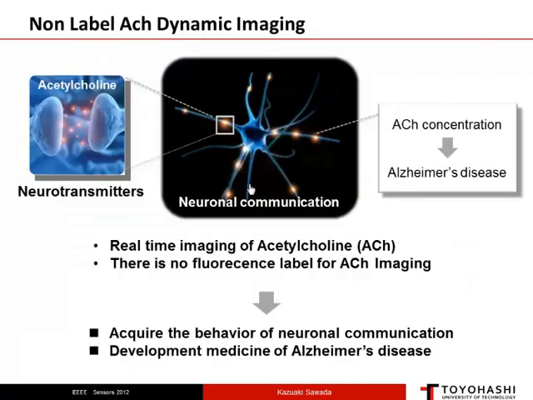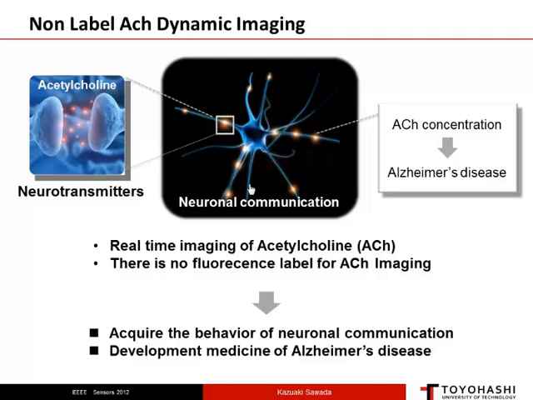And we tried to observe acetylcholine by using the hydrogen ion image sensors. Acetylcholine is a very famous and very key neurotransmitter for neural networks, neural cells. The acetylcholine concentration is strongly affected in Alzheimer's disease.